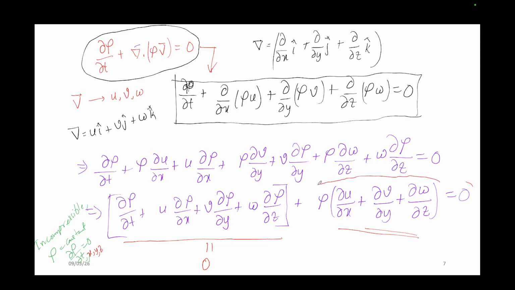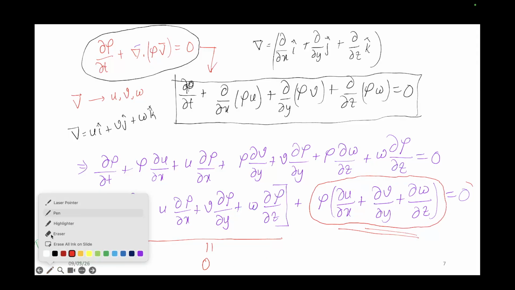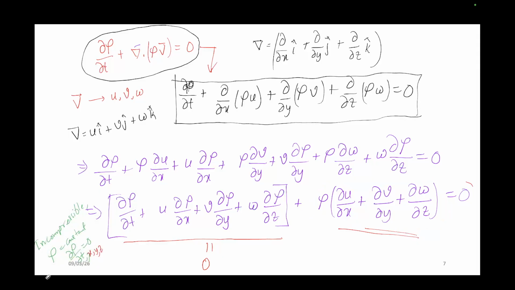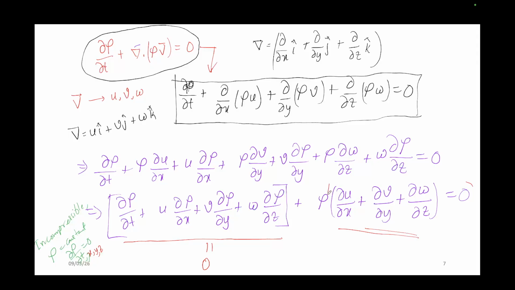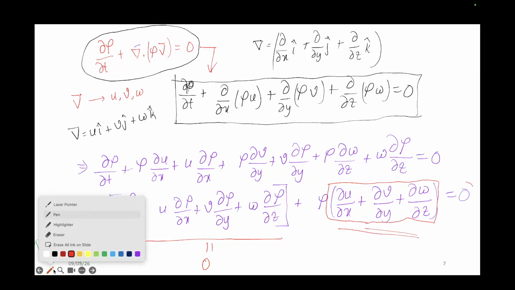As in your BTech level, you will find most fluids are incompressible, so from this bigger equation you only require this part, if the fluid is incompressible. Right? So up to this it's okay.